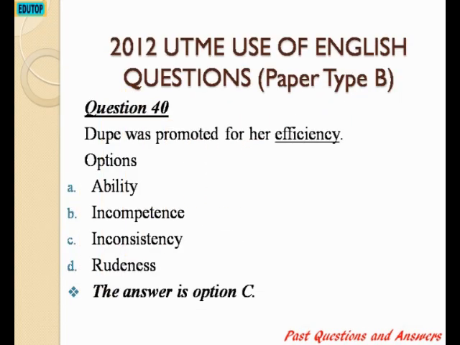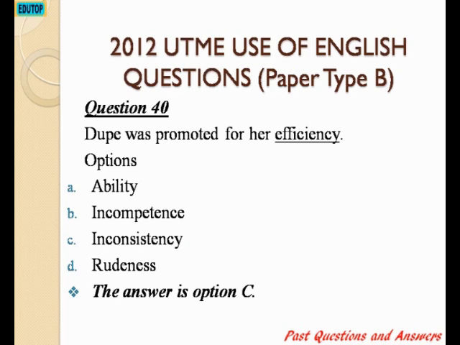Question 40. Lupa was promoted for her efficiency. Efficiency means the ability to do something or produce something without wasting materials, time, or energy. Option A. Ability. Ability is not the opposite of efficiency. Ability has to do with the power to do something, or when someone has what it takes to do something.